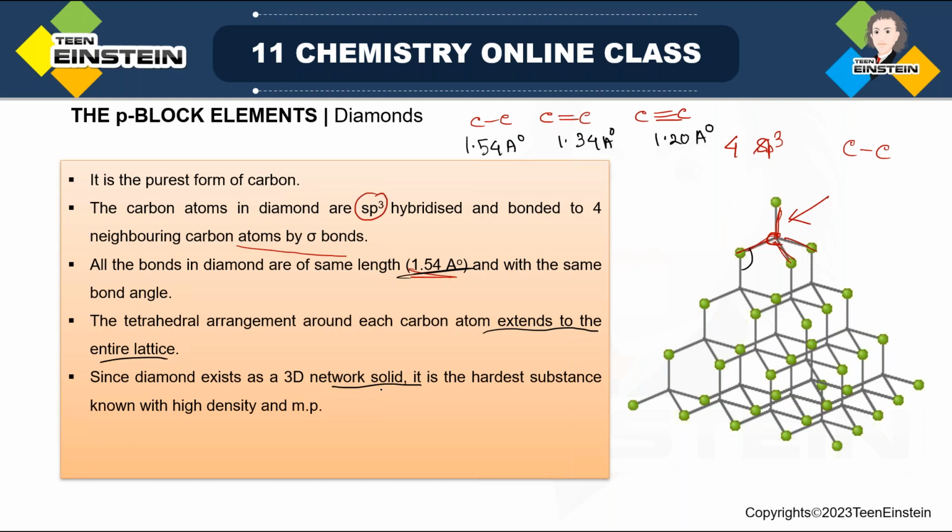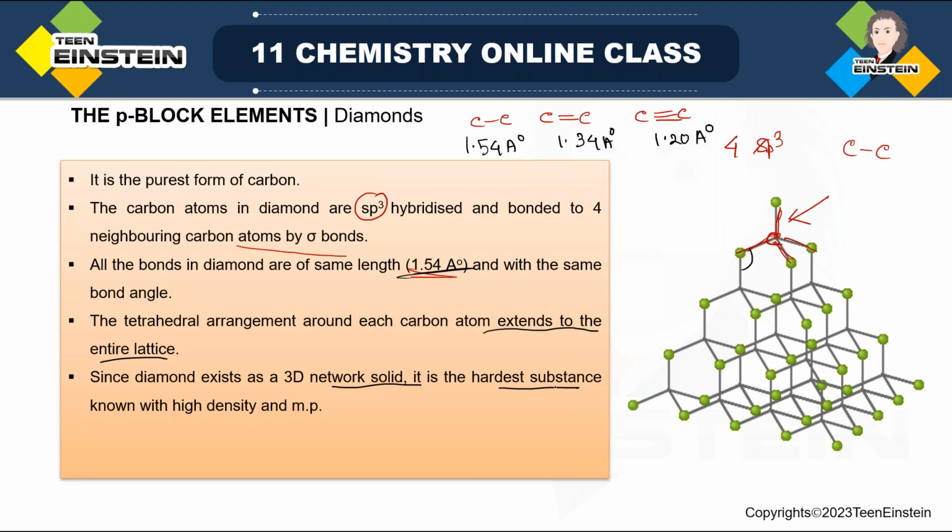Because of this type of extended network structure, it is the hardest substance known until now. Its density is very high. I am not saying that density is the highest, but because of this network structure, it is the hardest substance. So it is used to cut glass.